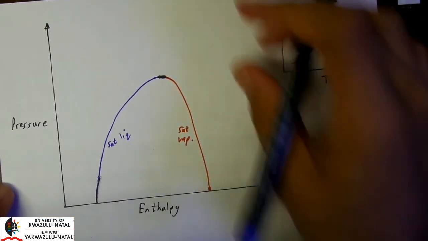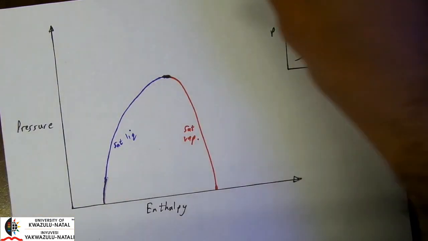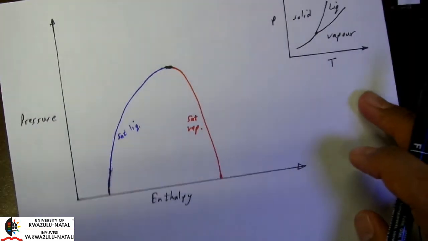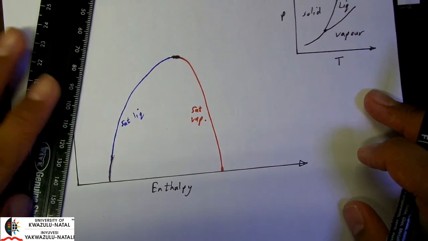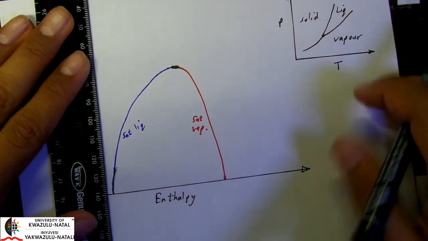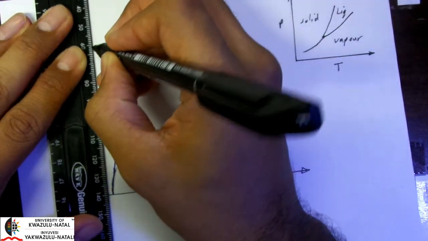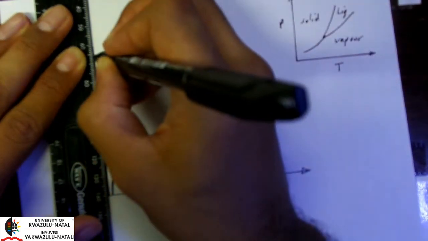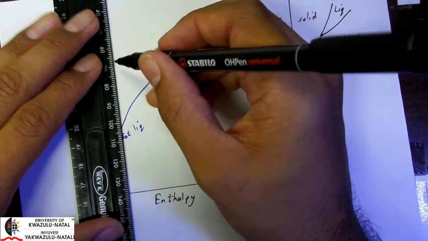And now this is a pressure and enthalpy diagram, so I need to be able to relate my temperature as well. And we could relate it as follows. We can draw out our isotherms. Okay, so these are my temperature isotherms.